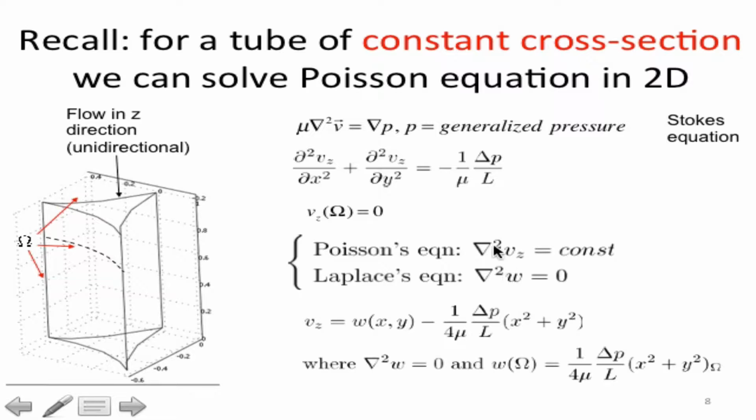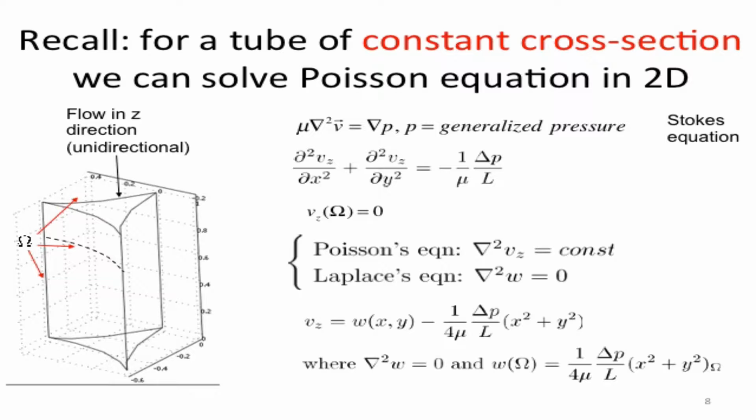This equation is then equivalent to the Laplacian of w equals 0, which is the Laplace equation, with w being Vz plus this term. Again, the Laplacian of this term gives me this constant, so I can just transform it to the Laplace equation.